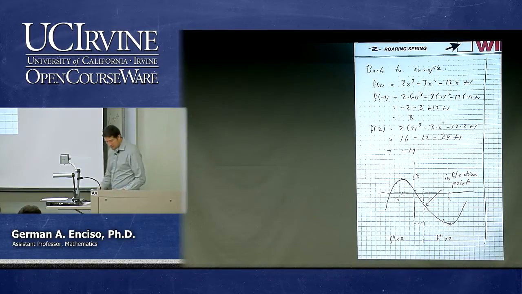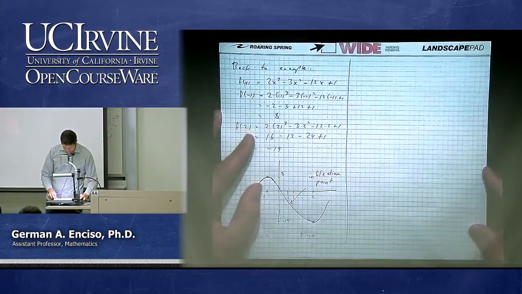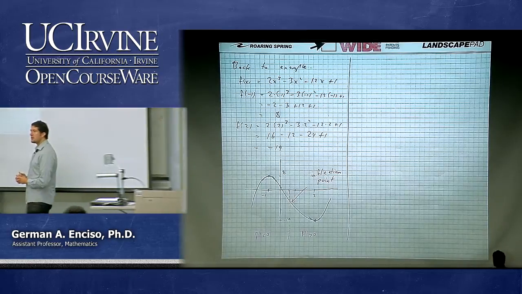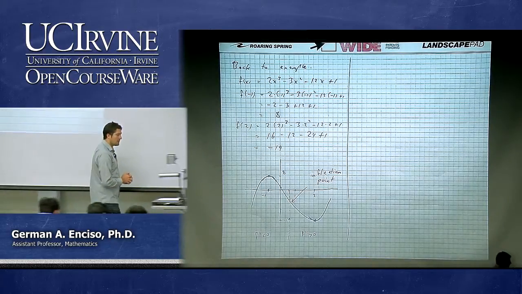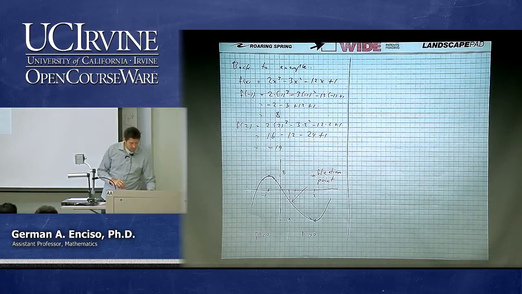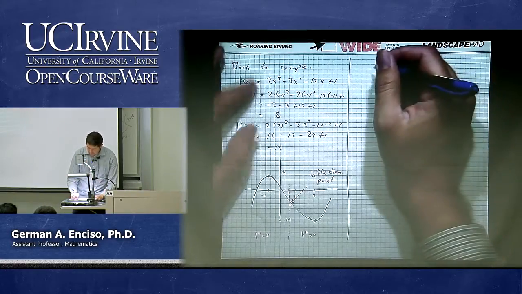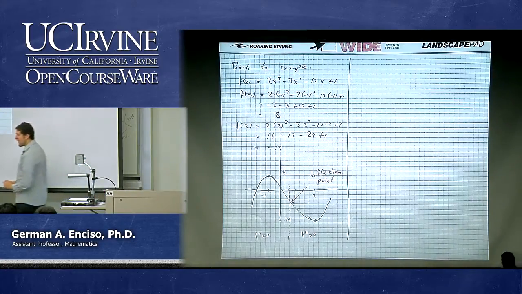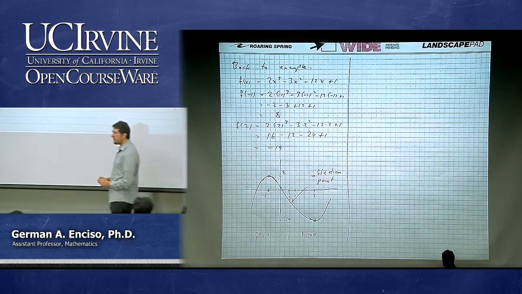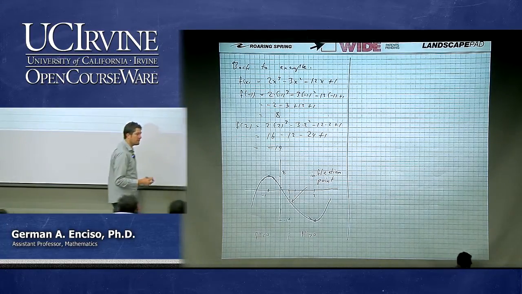Okay, we have a few minutes left. This is really all I wanted to say about this section. So let's go back and say something about the mean value theorem. In particular, I would like to prove the mean value theorem, if I can.